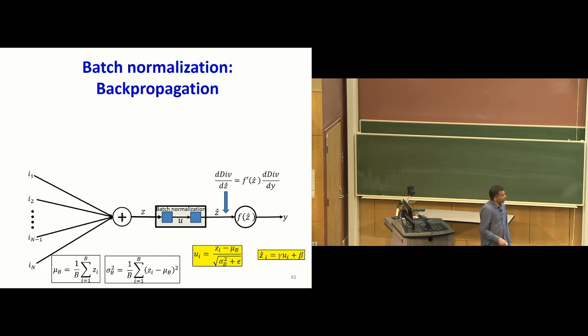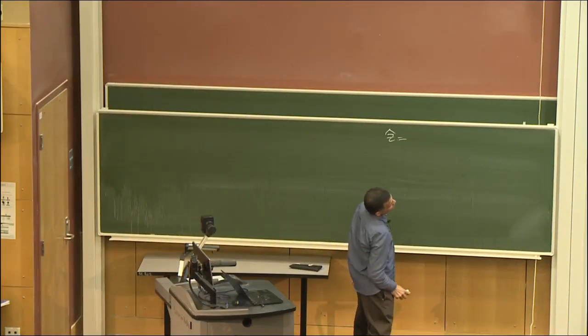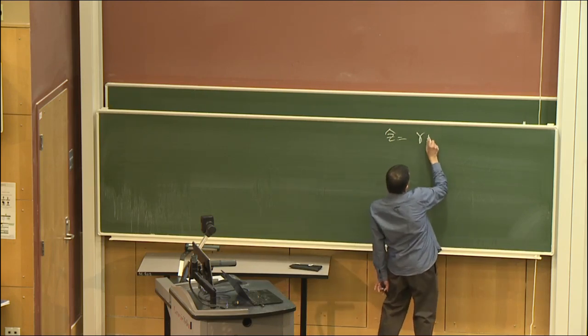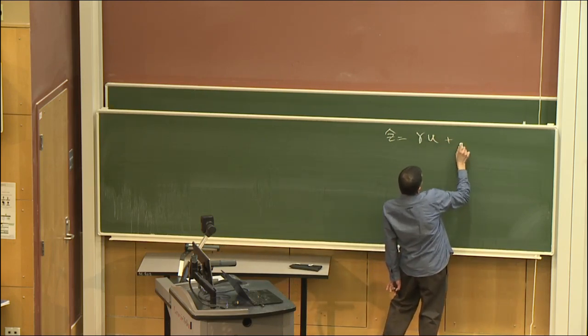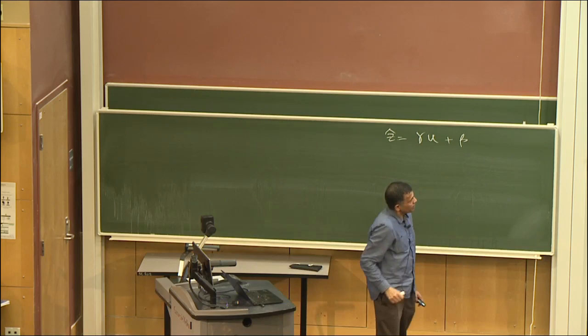Now, it's very easy for me. I have z hat. z hat equals some gamma times u plus beta, right?